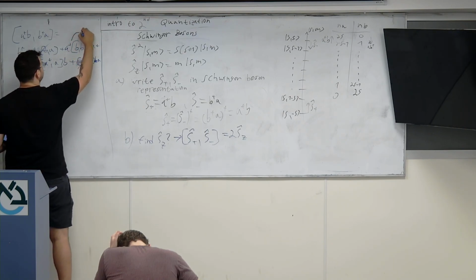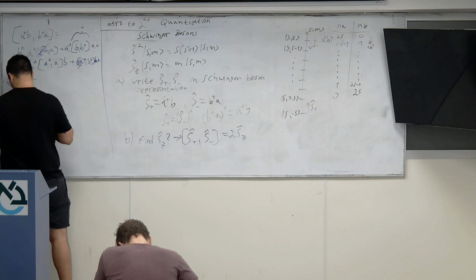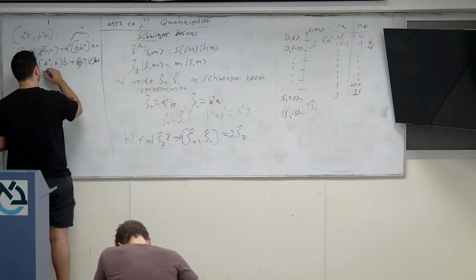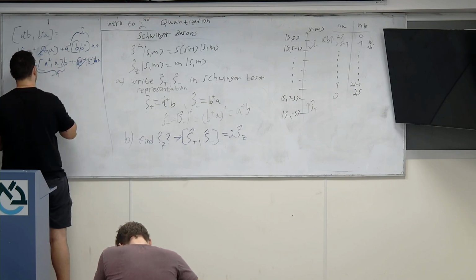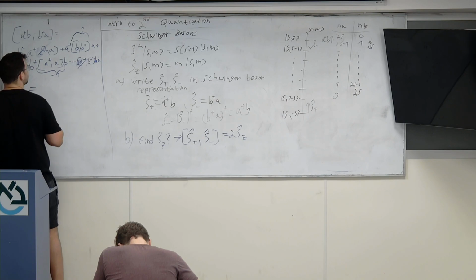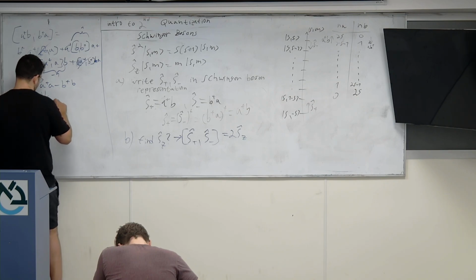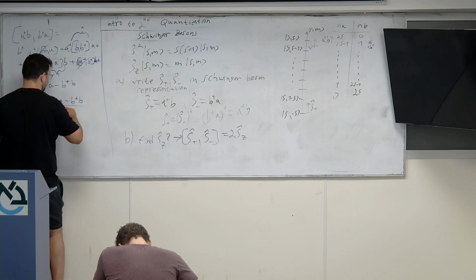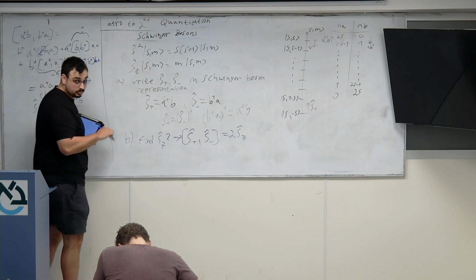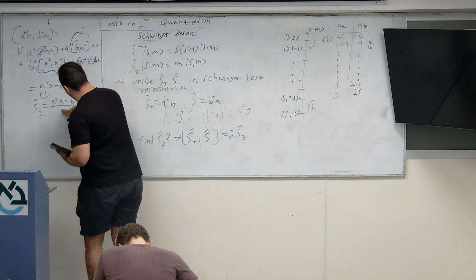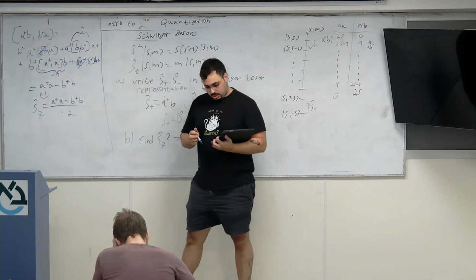This one is 1, this one is -1. So this is equal to A dagger A minus B dagger B. Therefore, Sz equals A dagger A minus B dagger B, divided by 2.